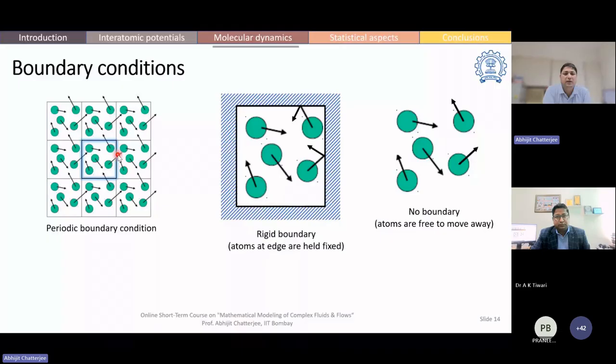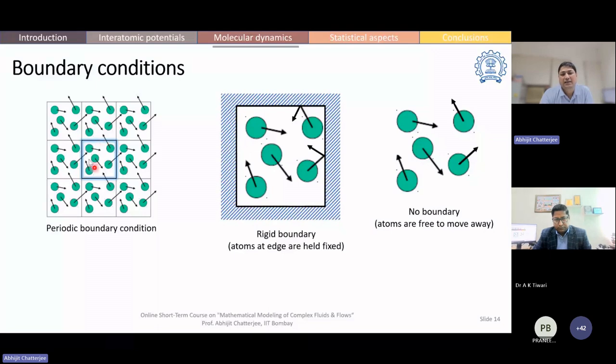I'm not showing you the mathematical implementation, but basically when the particle exits from, let's say, the top part of the box, you make it enter from the bottom part. And so the total number of particles is conserved inside the box.